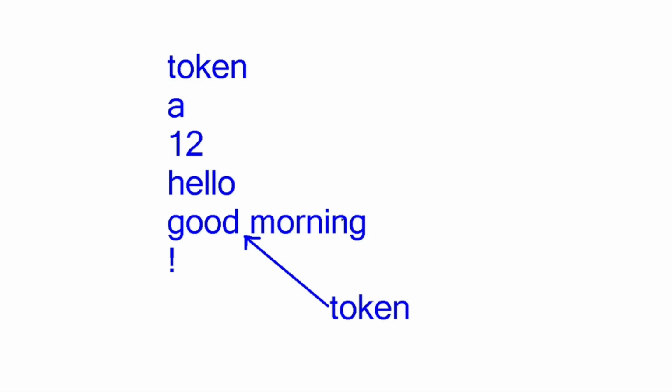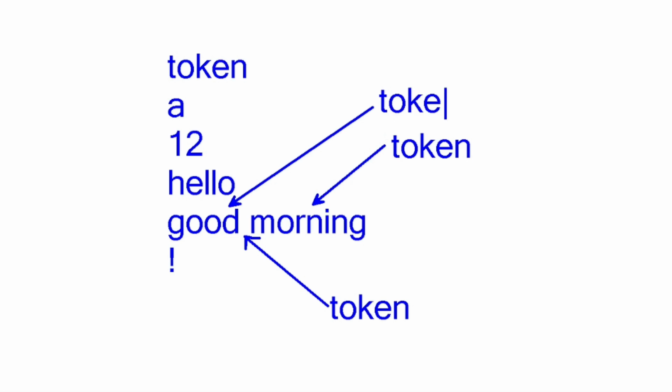The word morning is one token, and good is another token. So altogether good morning can be seen as a token, but the individual word good is a token and the individual word morning is a token. And we have the white space, which is also a token.